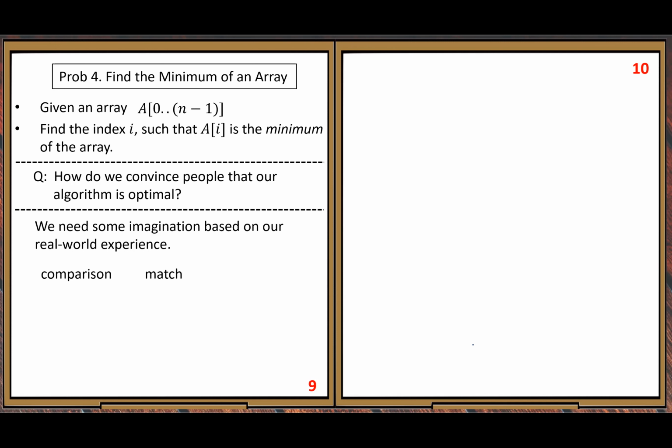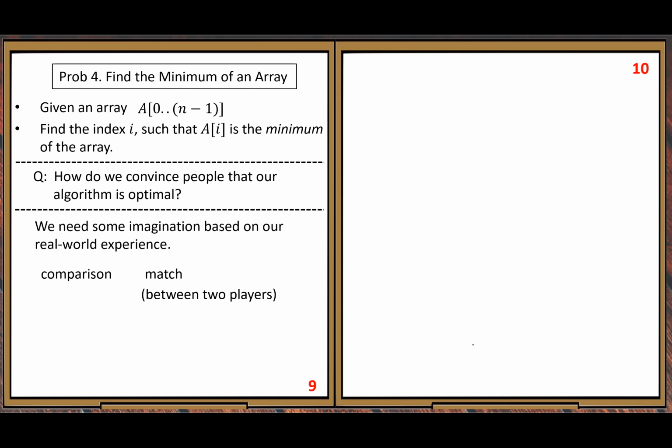Two players need to play a game against each other, a winner and a loser. We use that activity as the comparison activity. We use a sports match to understand the comparison operation.